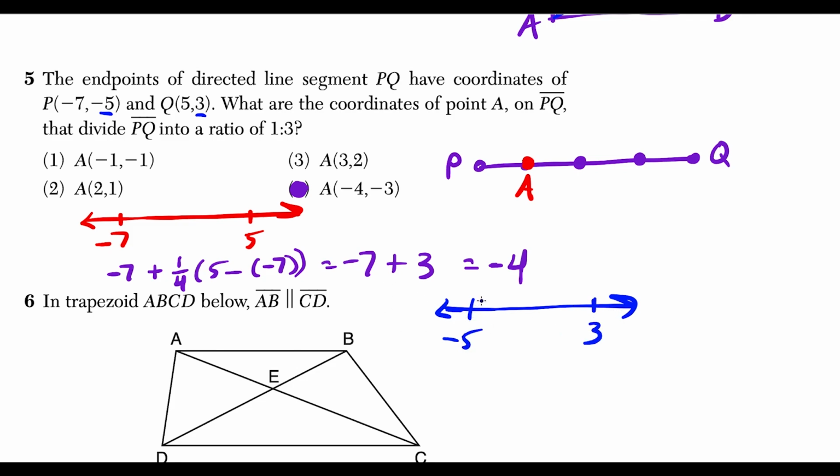And we want to know what value is 1/4 of the way from -5 to +3. And to work this out, we have -5 plus 1/4. The distance from -5 to 3 is 8. And if we work this out, -5 plus 2 is equal to -3. And you see there's our matching Y value. So -4, -3 is definitely our solution.